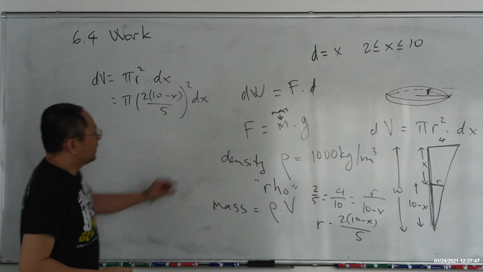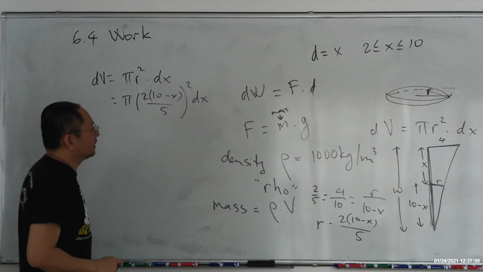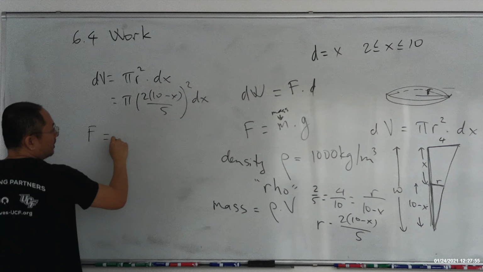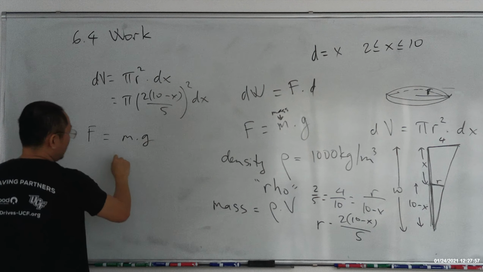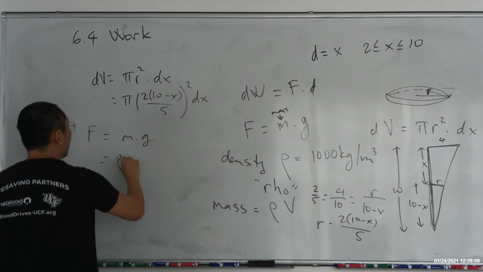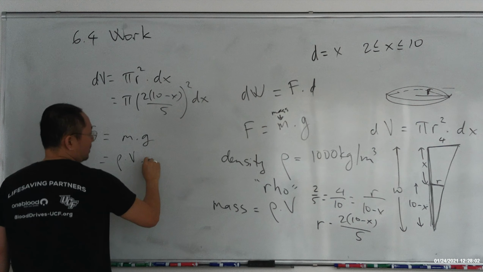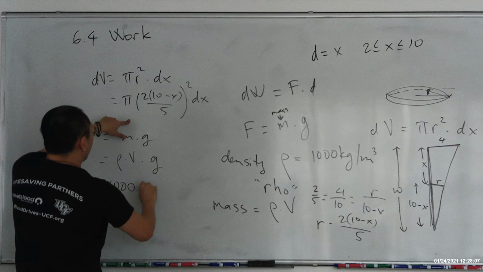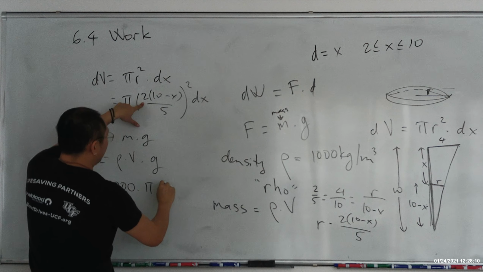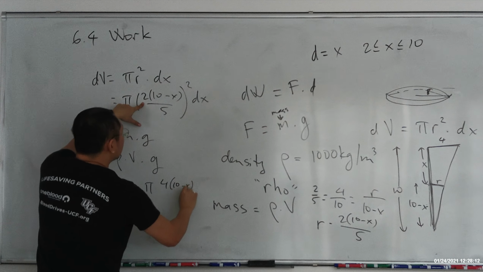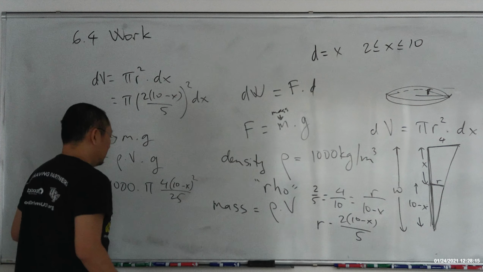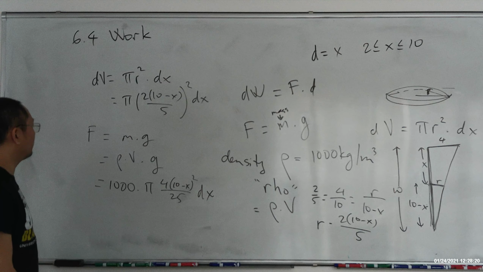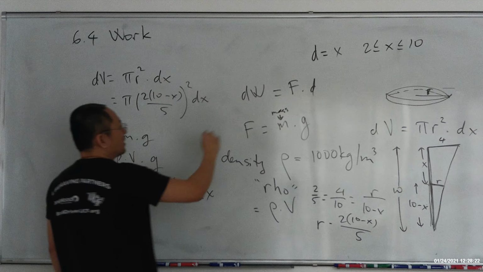So the little mass, it's going to be, F here is m times g, which is mass is rho times v times g, which is 1,000, and v right here is pi. Let me do the math here, make it easy. So 4 times 10 minus x squared over 25. Then dx, right? That's the little force, so I should put like a dF right here, if that makes sense.